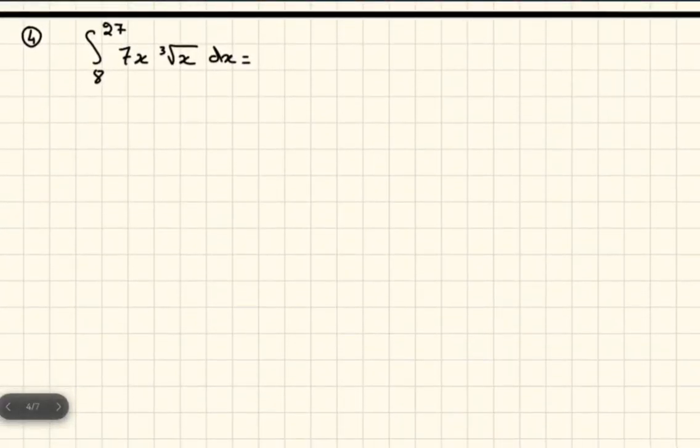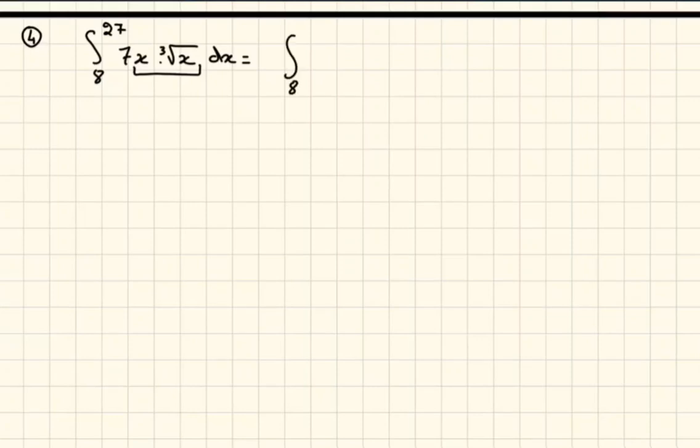Now, let's look at this question. Integral from 8 to 27 of 7x cube root of x. Whenever we have something like this, it's better to combine them into one x and then find the integral.